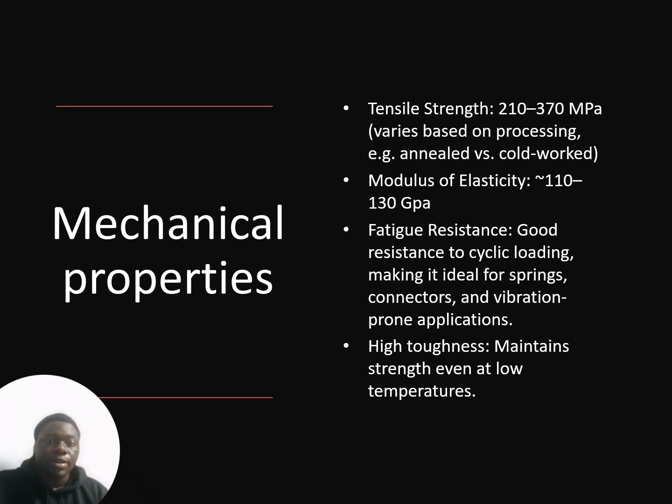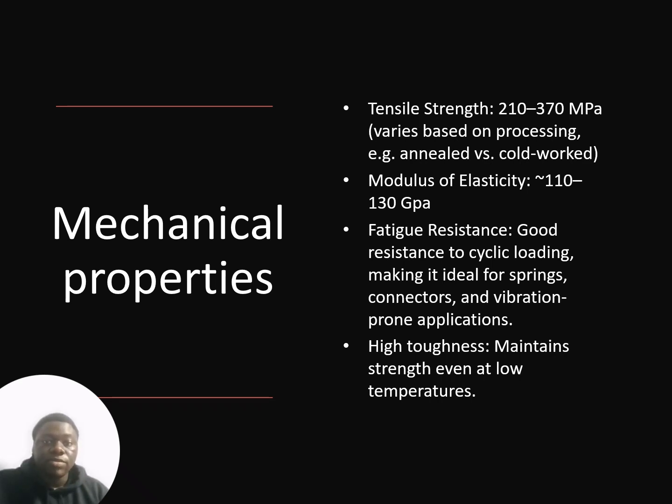Mechanical properties of copper. The tensile strength of copper is 210 to 370 MPa, which varies based on the processing, annealed or cold worked. The modulus of elasticity of copper is around 110 to 130 GPa.